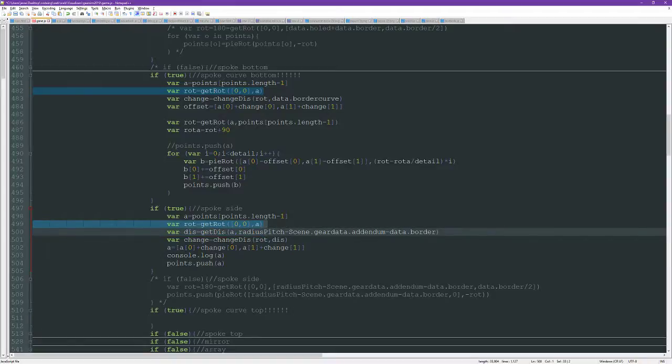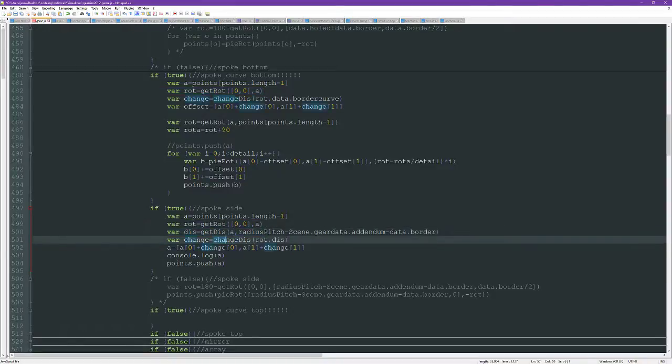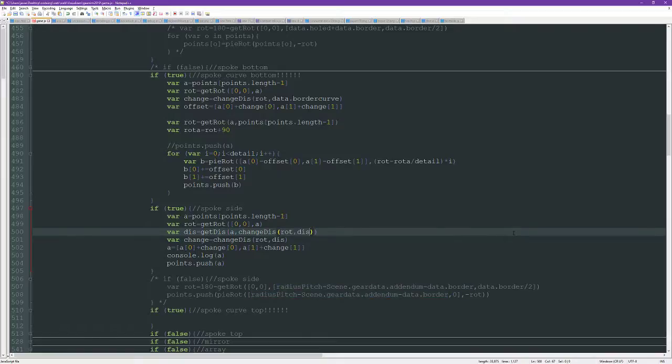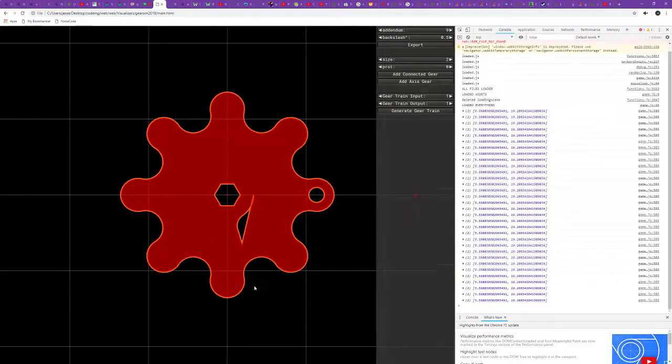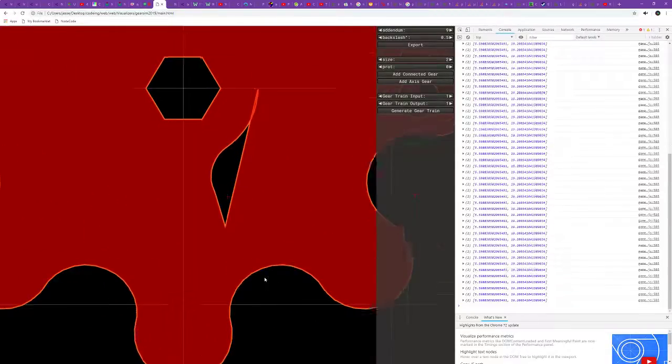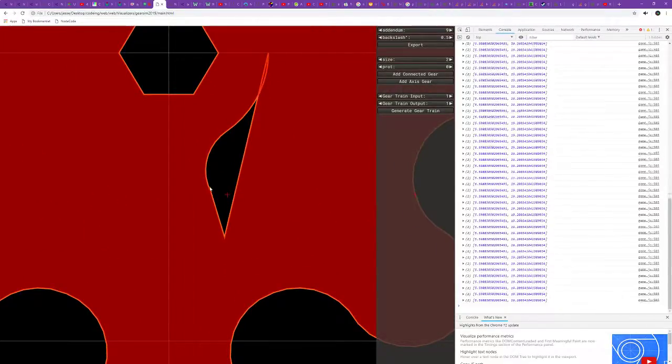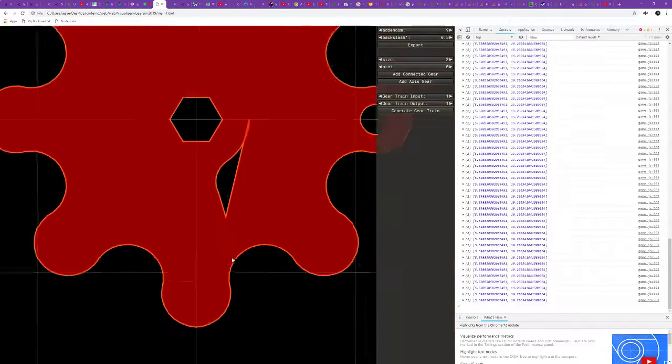If I get rotation before, then I can just do a change this. That distance, that rotation. Okay. That really feels like it's got one too many steps there. Whatever.